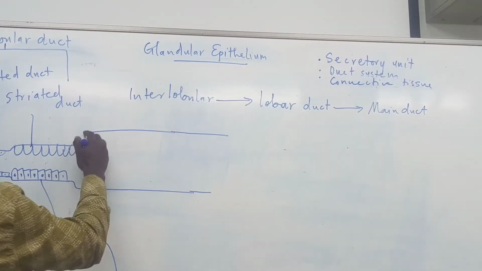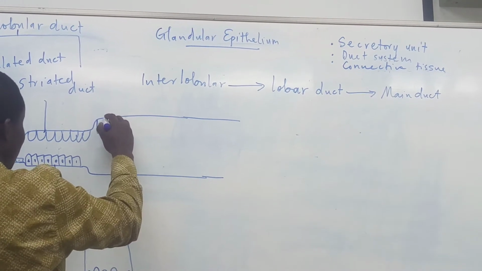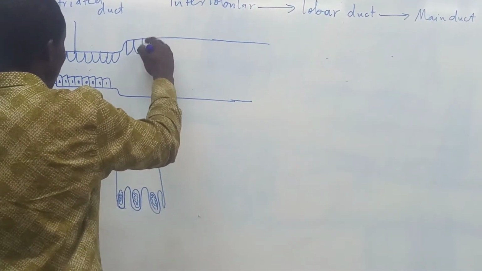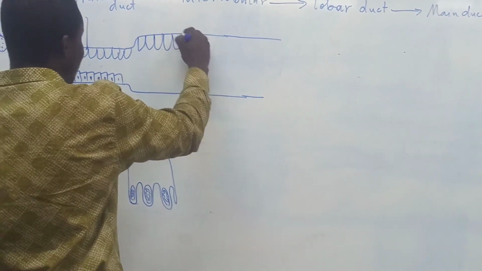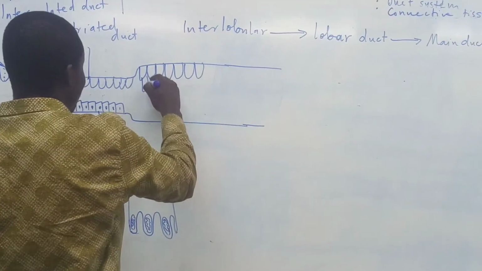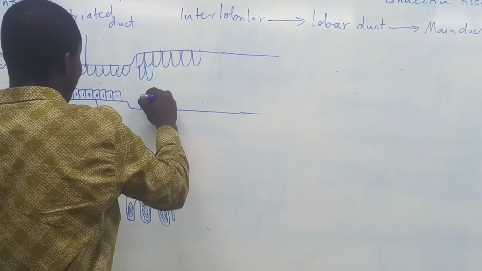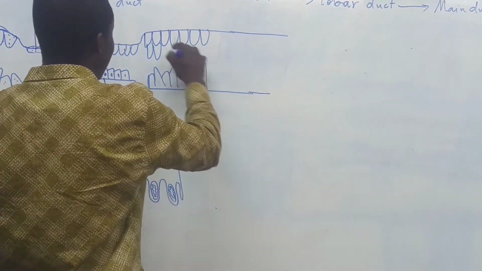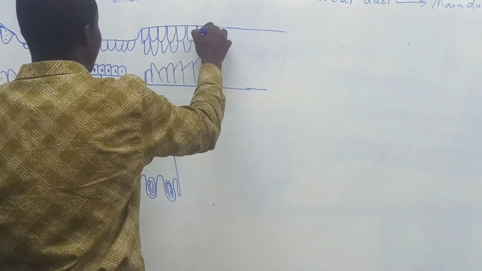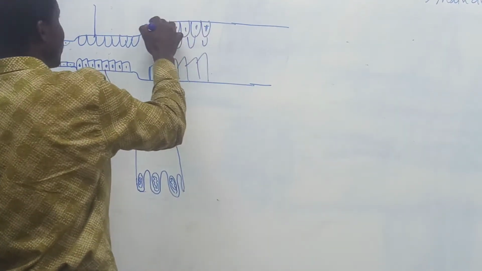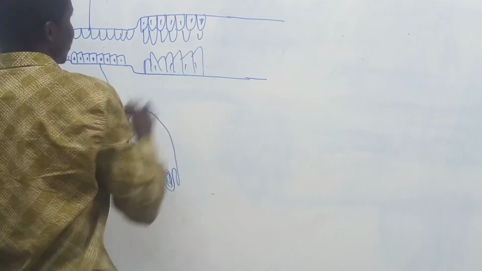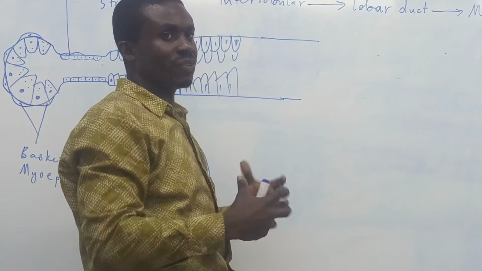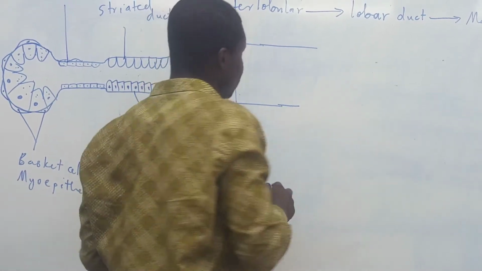So you may be seeing something like pseudostratified columnar or stratified columnar. So as you move on to the larger ducts, the number of layers begins to increase.